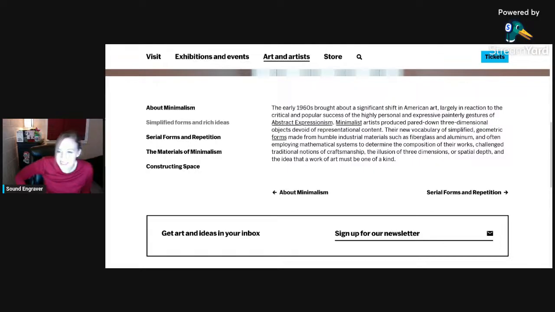So this is one reaction. There's another reaction too that we will see. Minimalism is a reaction against expressionisms, especially the abstract expressionism that came before, I think in the 1950s, maybe it started earlier, maybe in the 1940s.